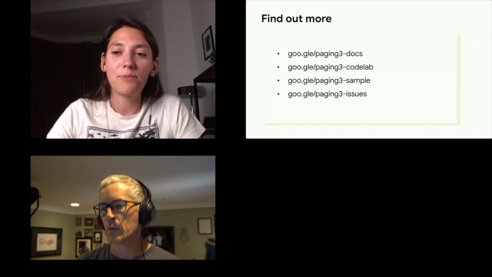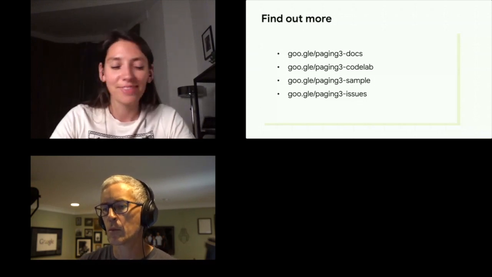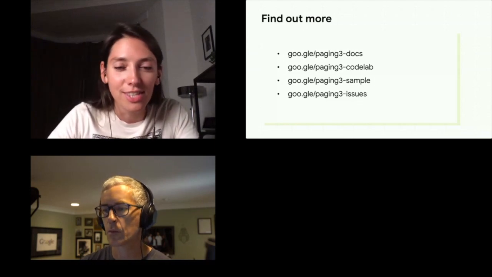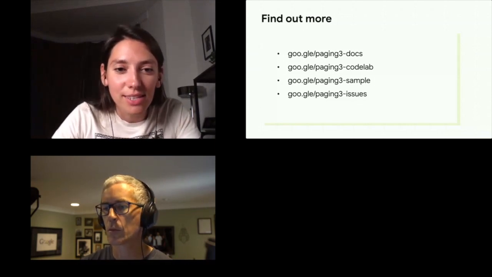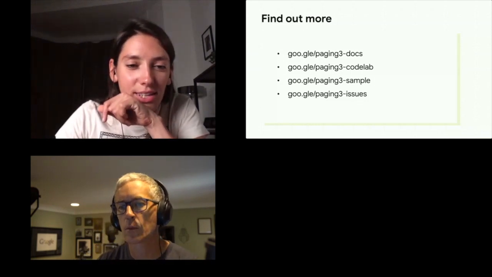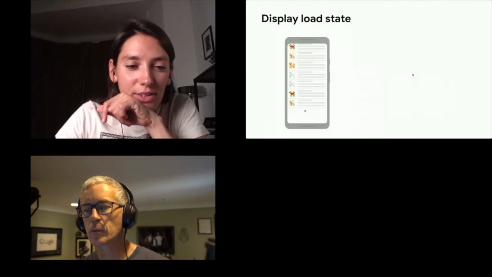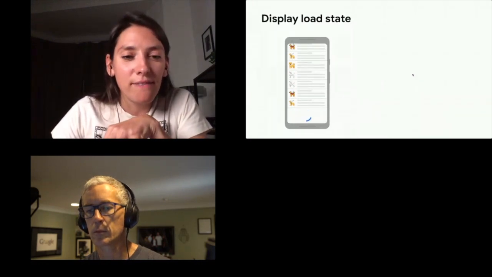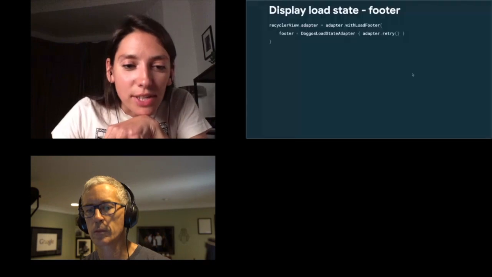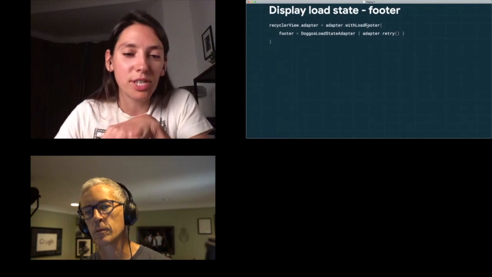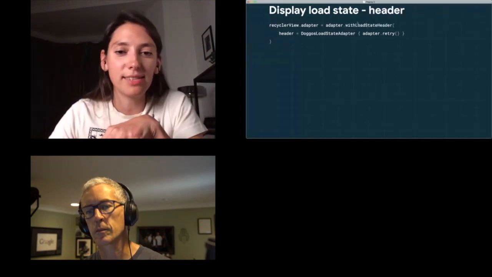How does this new paging adapter interact with concat adapter? Well, actually, paging uses concat adapter under the hood. So let me switch quickly to the slides. For example, here for displaying load state, we are doing an adapter with a load footer and/or an adapter with a load state header.